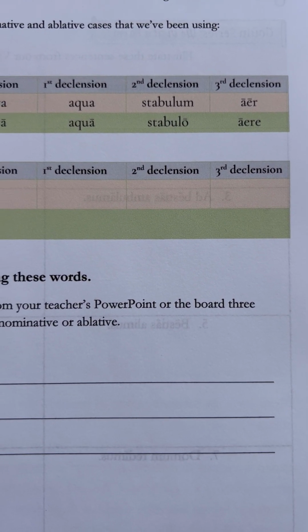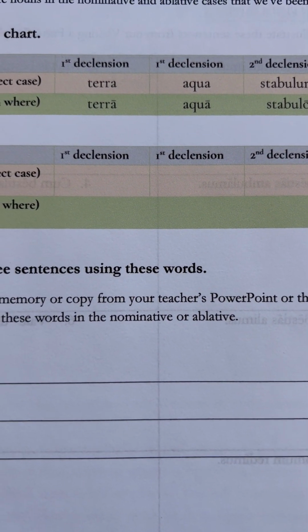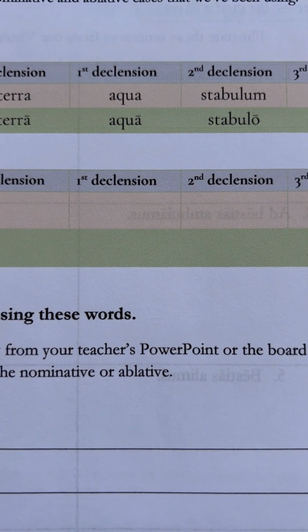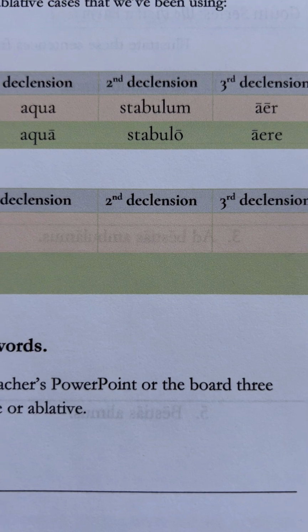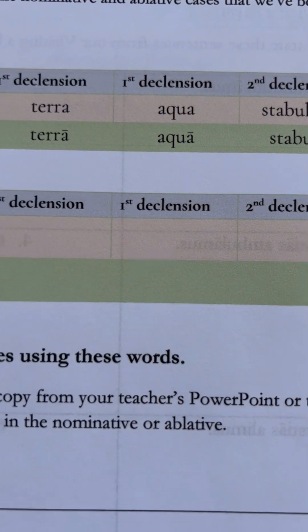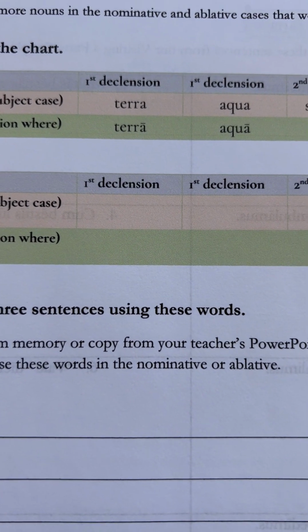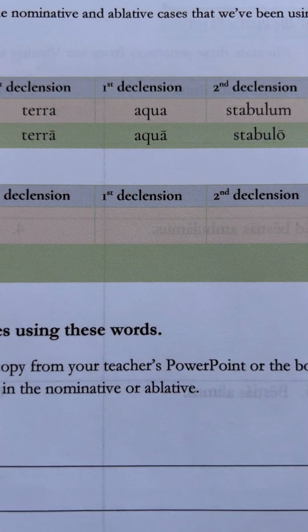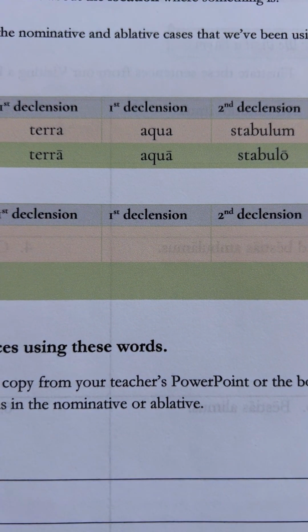In the ablative case that tells us where something's happening, it's still terra and it's still aqua, but now it's stabulo and it's aere.